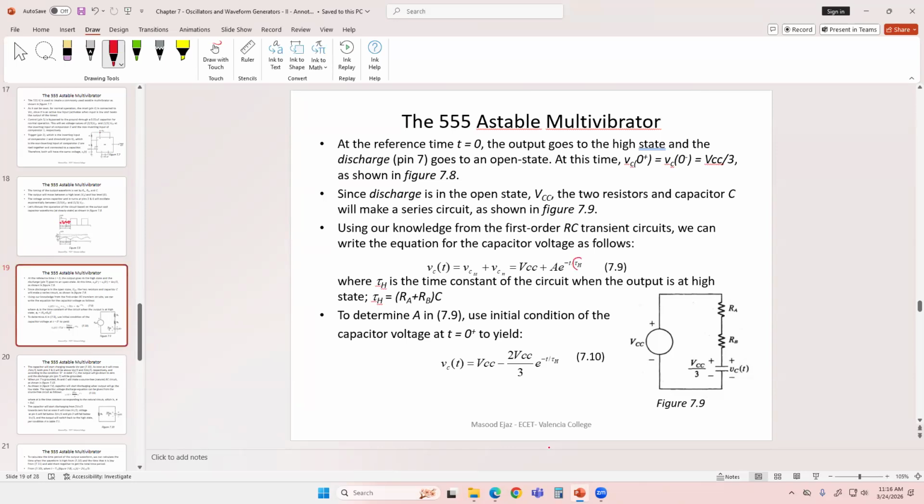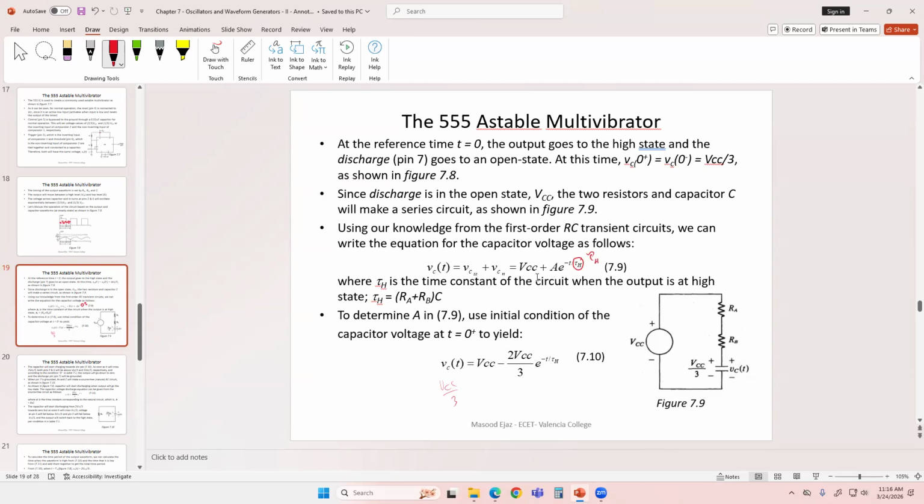Since we have two different circuits, as you will see, for the first circuit, when you have RA, RB, and C, tau h represents the series combination of RA plus RB times C. To find A, we use the initial condition at t equal to 0 positive when the capacitor voltage was VCC by 3.